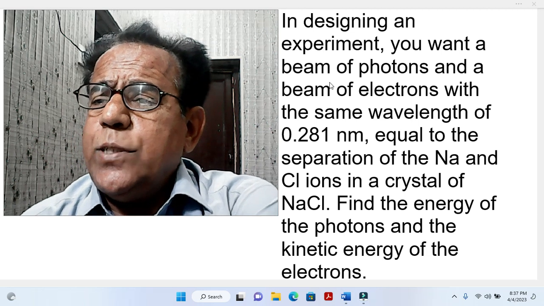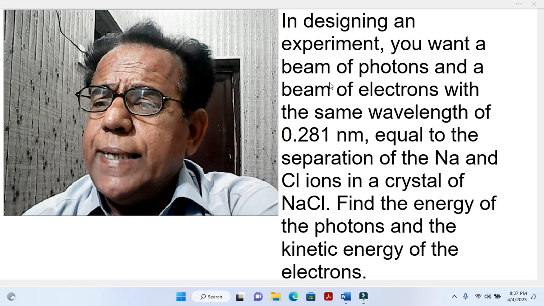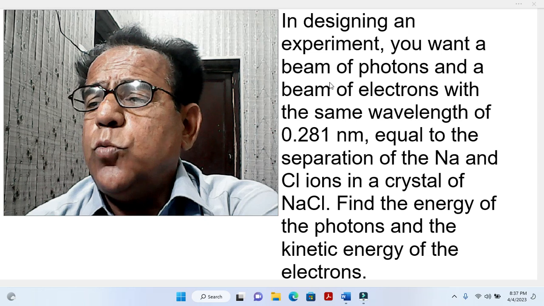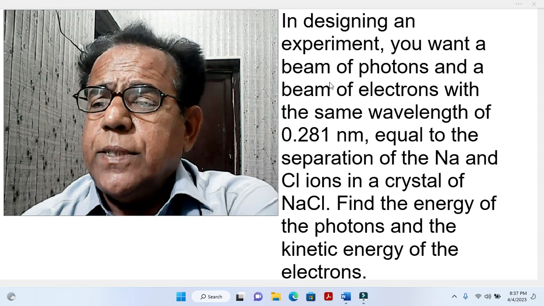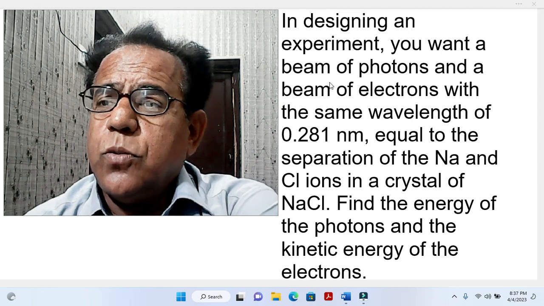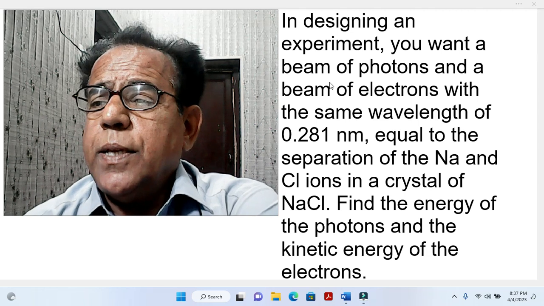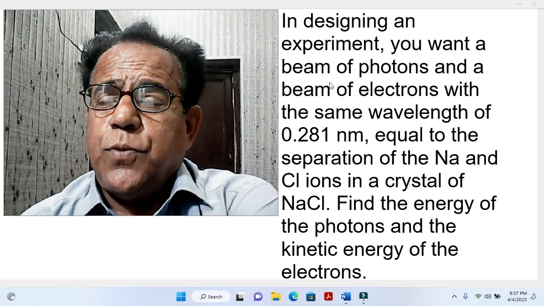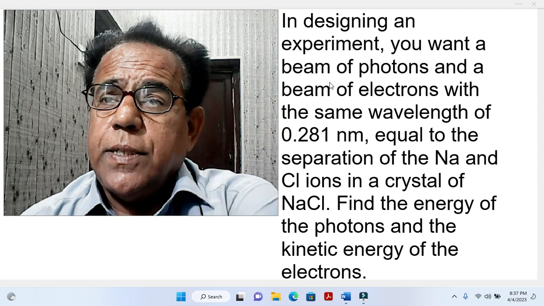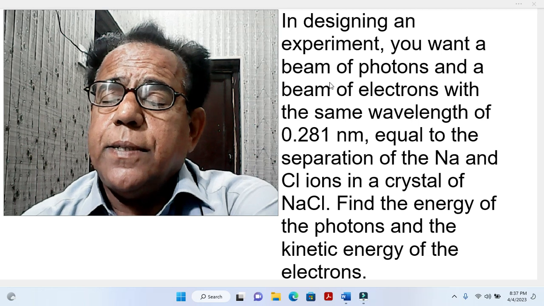Find the energy of photons and the kinetic energy of the electrons. So we have to find out two things: energy of photons and the kinetic energy of the electrons. For removal of any doubt, we take the statement once again.